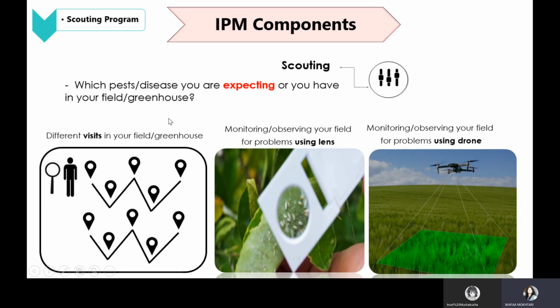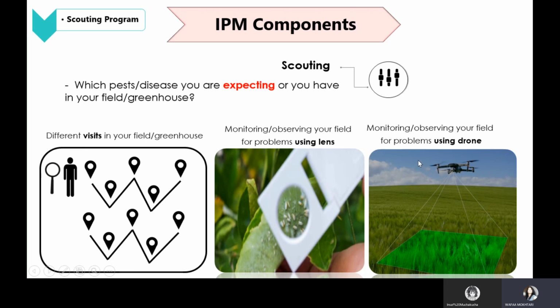So scouting is simply making different visits in your field or greenhouse. These visits help you to monitor or observe your field for problems. You can use a lens for this, and sometimes you can also use traps. It is really helpful to know how much pest or pathogen is causing disease in your planting area.